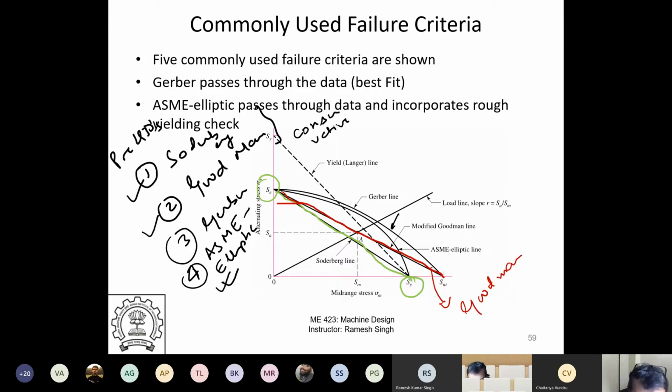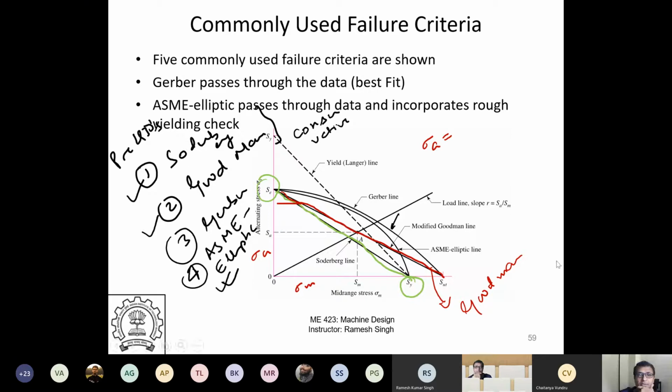If you see, my combinations of sigma A and sigma M axis are there. This is the sigma M axis, and sigma A, if you remember, can somebody answer me what is sigma A? How do you get the amplitude component of the fluctuating stresses?